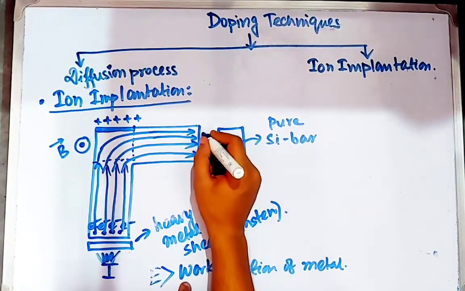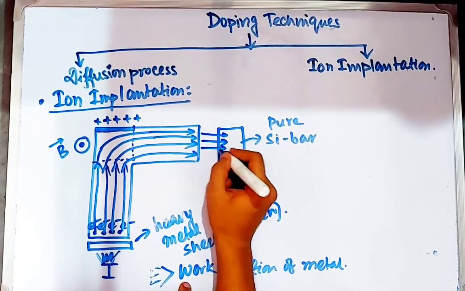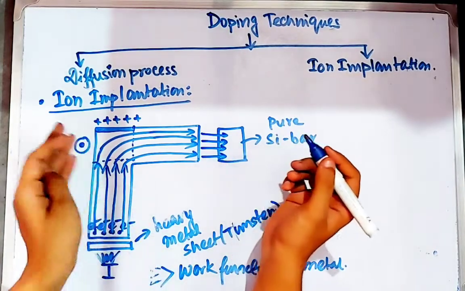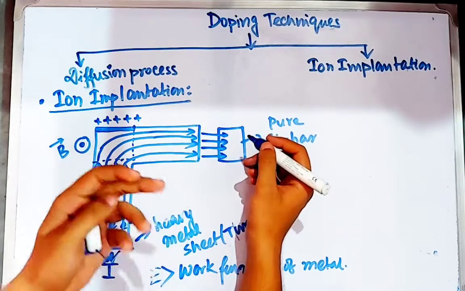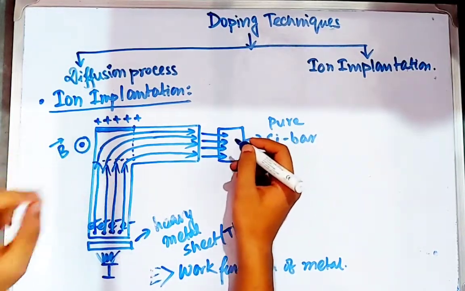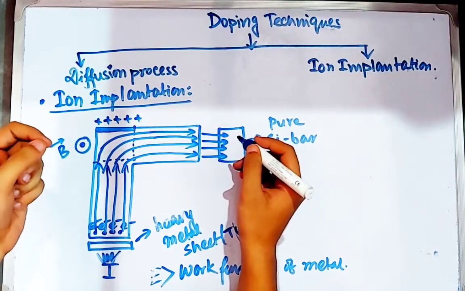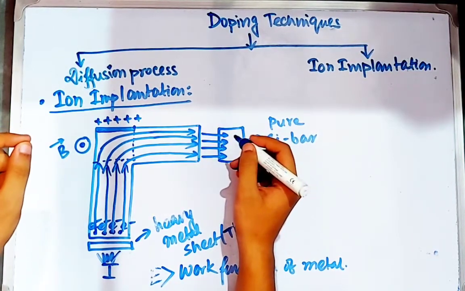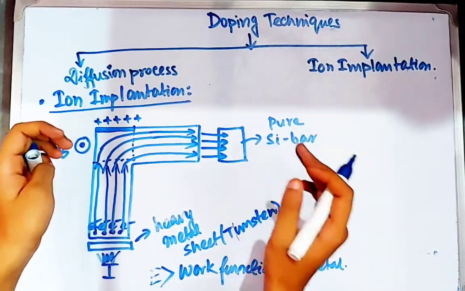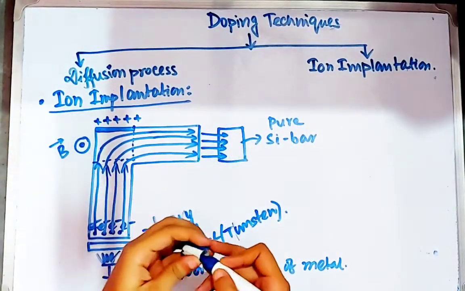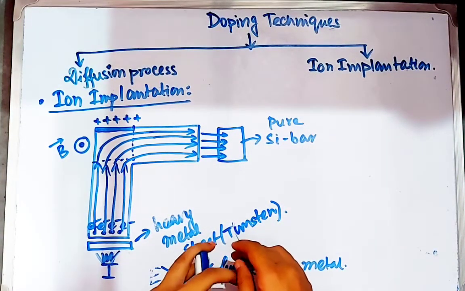And these electrons hit the surface of the silicon bar, and then they get within the silicon bar, and this is how the ion implantation doping is done for an intrinsic type silicon bar. Up to this I think everything is clear.